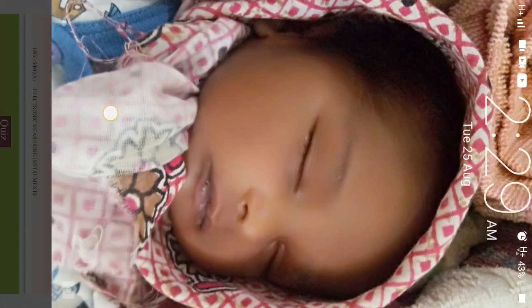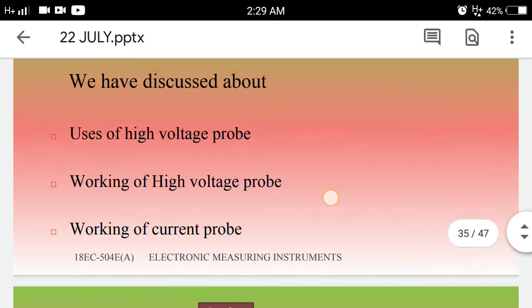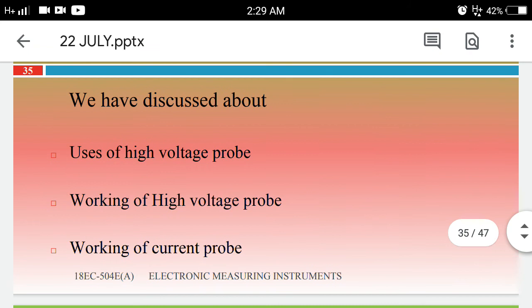Next, the current transformer. We have seen the current transformer construction. The current probe consists of a current transformer, only the difference is the ferrite core in the current probe.